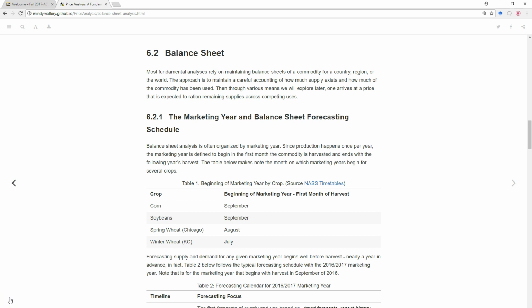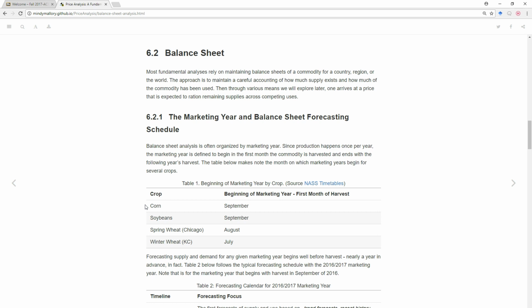Since commodities are produced once a year and then consumed throughout the next year, we talk about that time frame as the marketing year. So for example, for corn, we typically start harvesting corn in September. Harvest really ramps up in October and November.